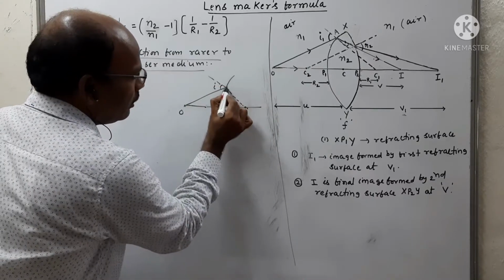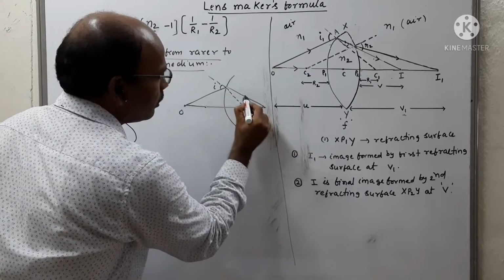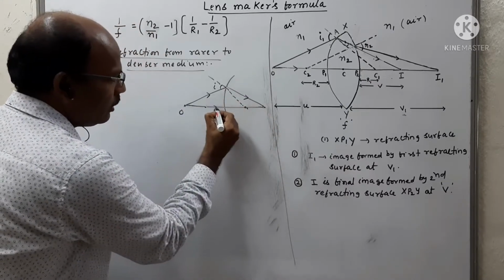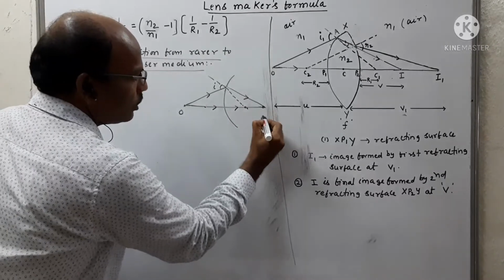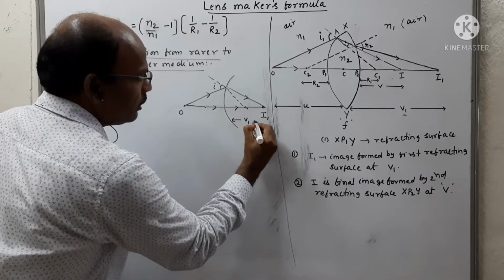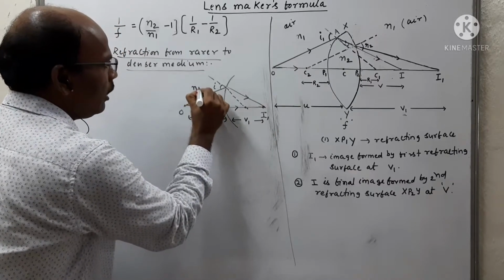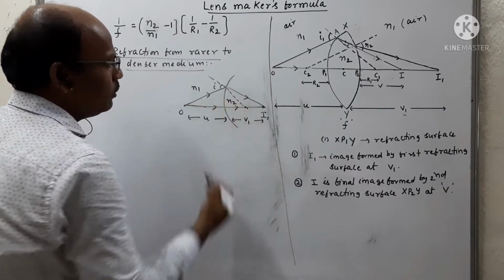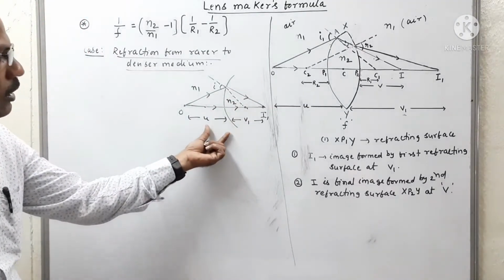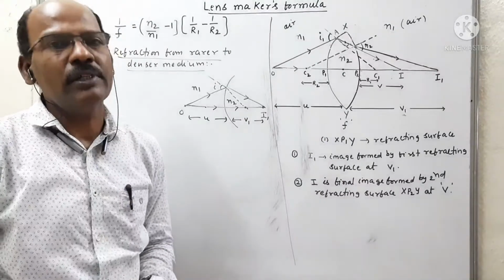After refraction, it strikes at this point. So this is one ray, this is another ray. This is called I1, which is at a distance V1. This is U, and this is N1, this is N2. This is a simple ray diagram for the first curved surface.